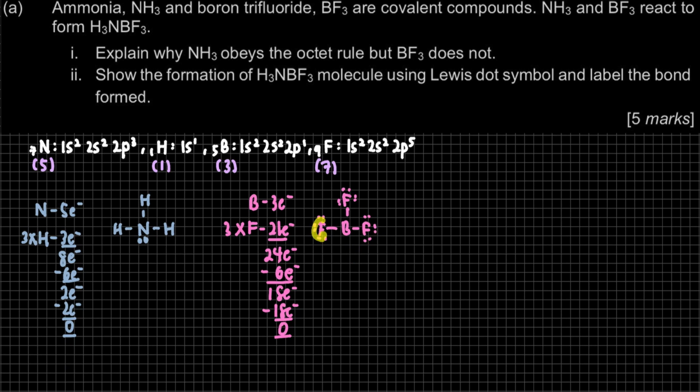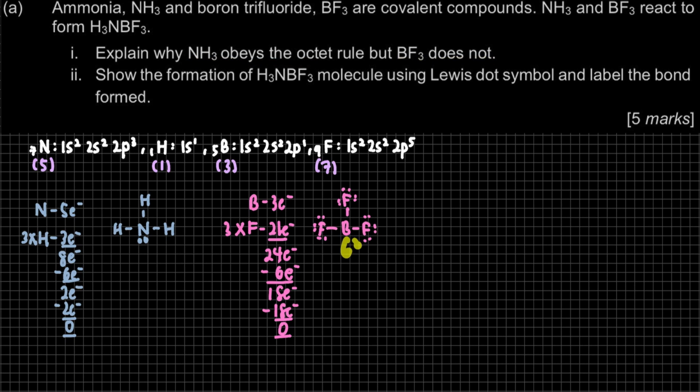Fluorine has already achieved octet, but boron hasn't achieved octet yet; it has 6. Usually if the atom hasn't achieved octet, the terminal atom will share its lone pair to form a double bond or a triple bond. But in this case, back to the question: NH3 obeys the octet rule, but BF3 does not.